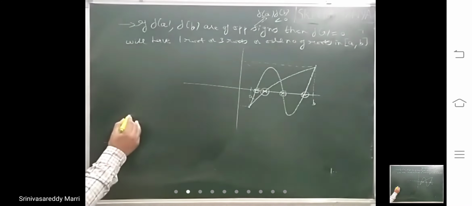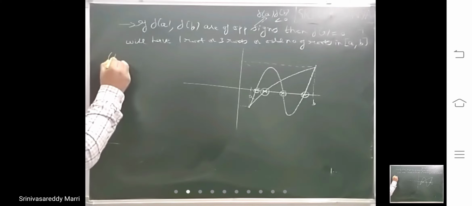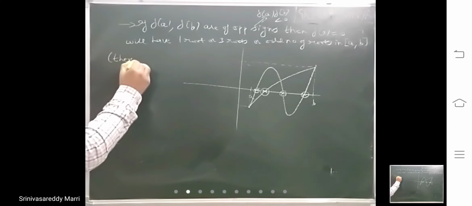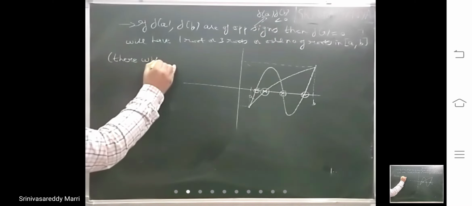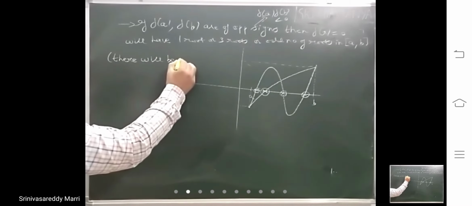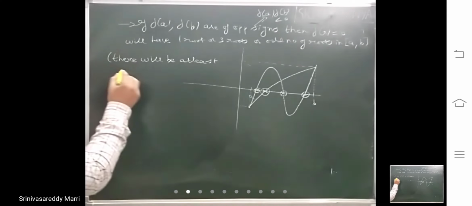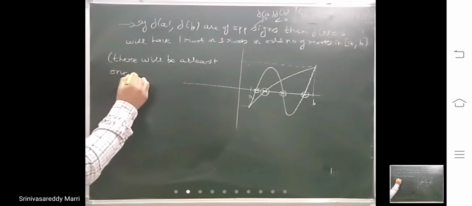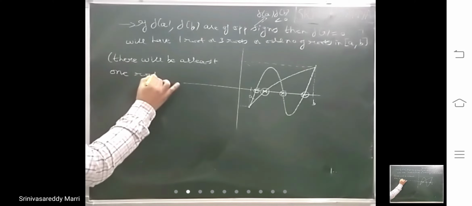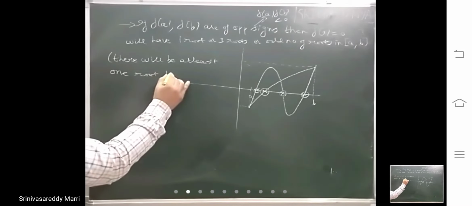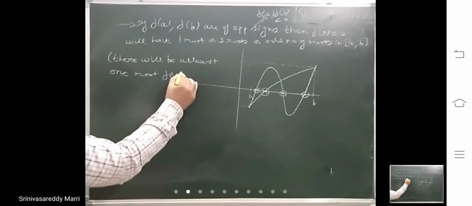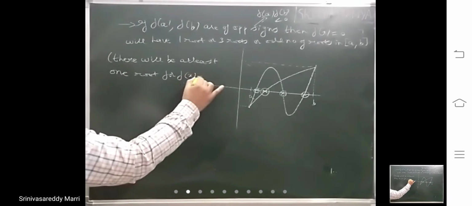In this case, look, write this. You can say there will be at least one root for f of x equal to 0.